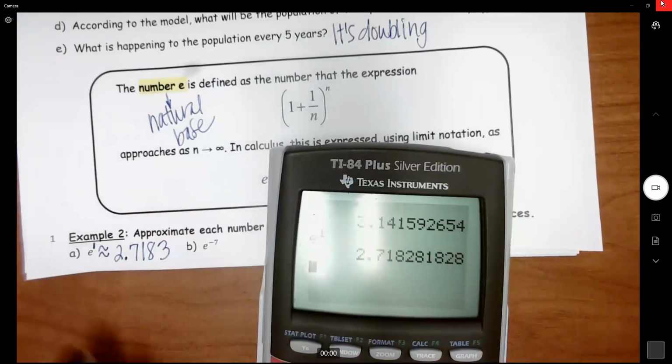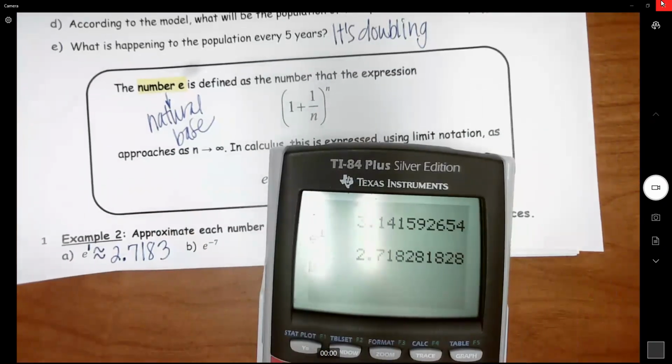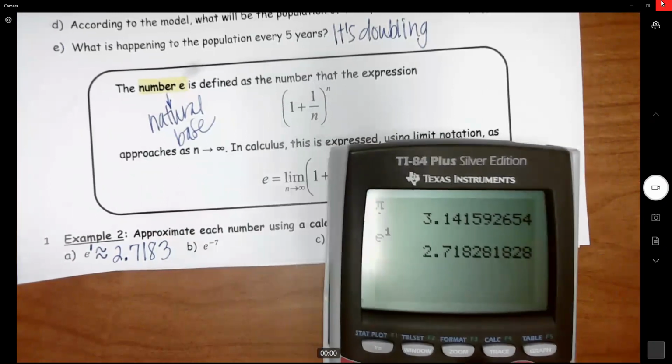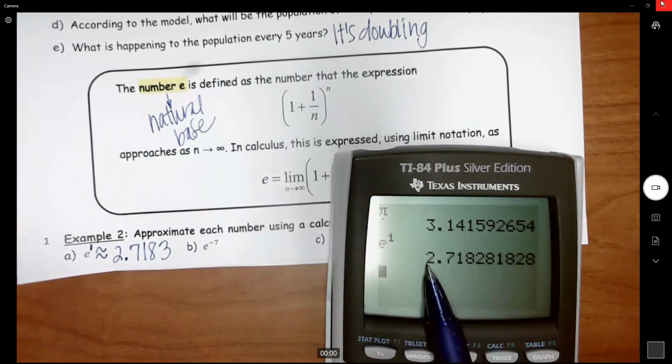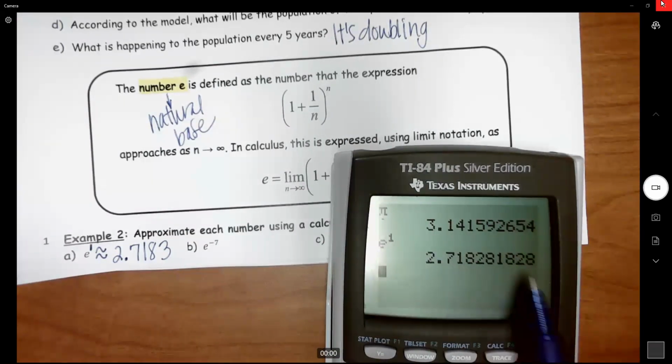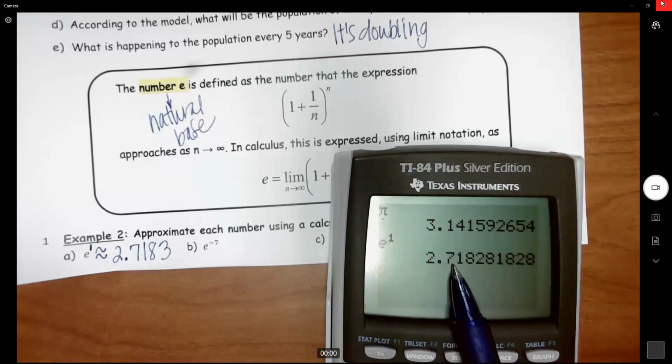A lot of times, though, we'll say that e is about 2.72. Just like we round pi to 3.14, we'll round this, without all these decimals that never end, to 2.72. So this is another irrational number that you want to get familiar with.